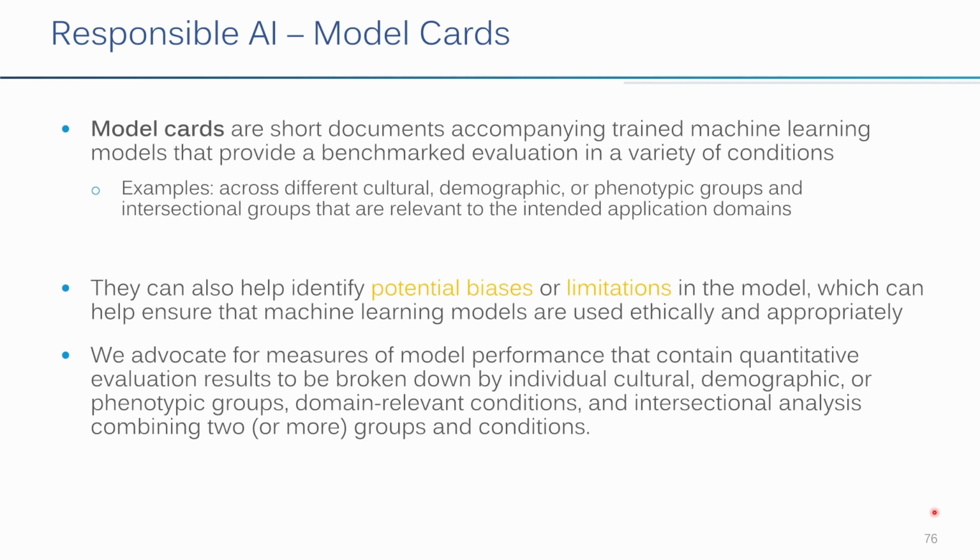Also in the paper, they advocate for measures of the model performance that contain quantitative evaluation results to be broken down by individual cultural, demographic, or other sorts of groups, and intersectional analysis combining two or more groups and conditions.